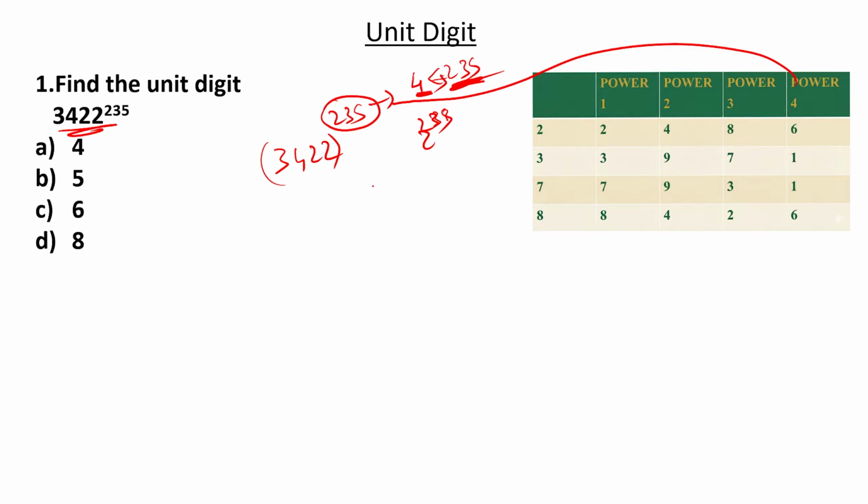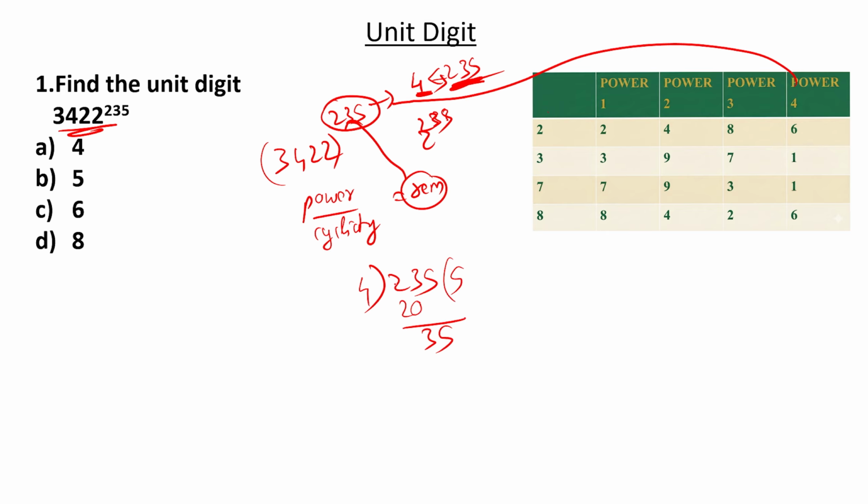So all you need to do is, as I told you, divide the power by cyclicity, get the remainder, and then the remainder value will be substituted here. That means 235 divided by 4. 4 5s are 20, 3 5s are 15, 3 8s are 32. 3 is our remainder.